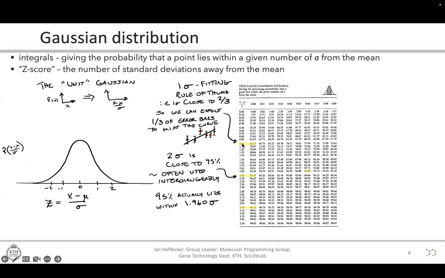And this can be useful. So for example, we can consider a fitting problem, right? Where we have some points and we're fitting a line to those points. And each of these points, we've applied error bars, right? And these error bars, they're standard deviations. So we're using the standard deviation for these error bars.